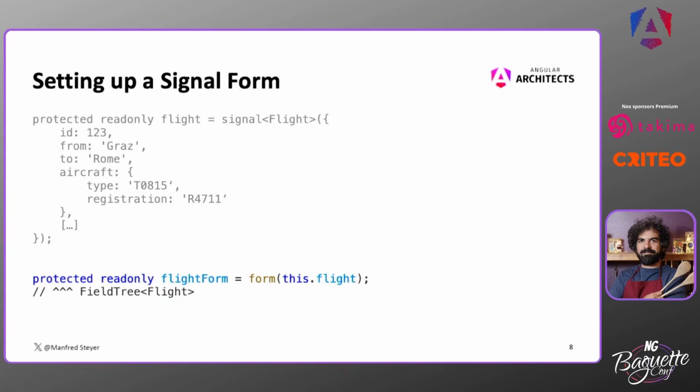You don't have to handcraft this. And each and every signal consists of form state, like this is the value, this is whether it has been touched or it is dirty, this is whether it has been validated correctly, and so on. You can see it here.